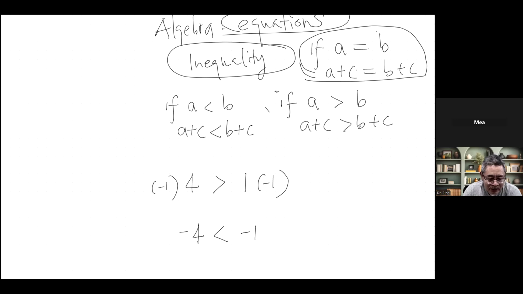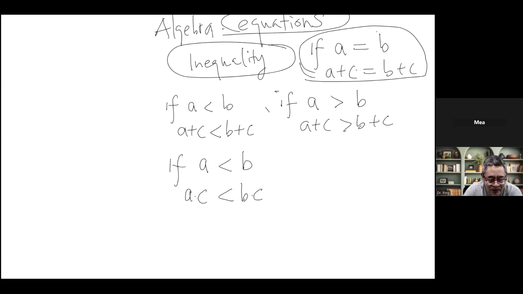Okay, so now the second rule for inequality is if A is less than B, then A times C will be less than B times C as long as C is positive. So if we multiply by a positive, it doesn't matter. It won't change anything.